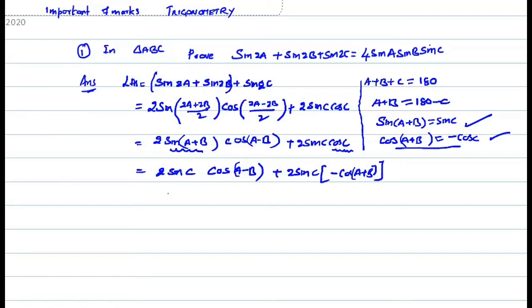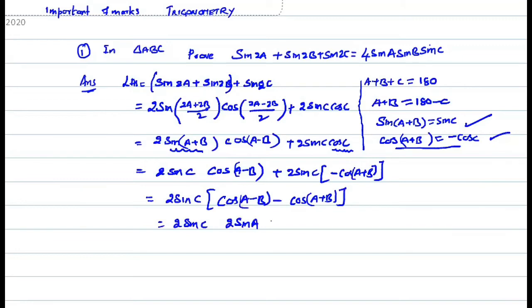When you take 2 sin C common, the remaining is cos (A−B) minus cos (A+B). Cos (A−B) minus cos (A+B) is 2 sin A sin B. Formula: 2 sin A sin B.